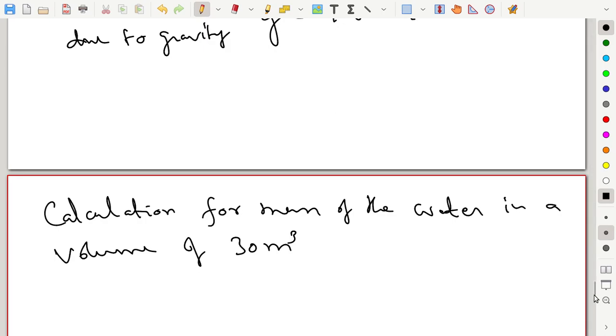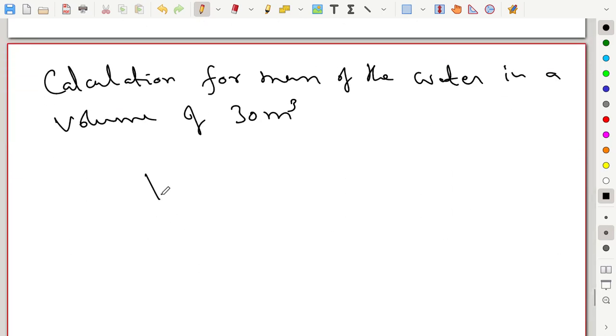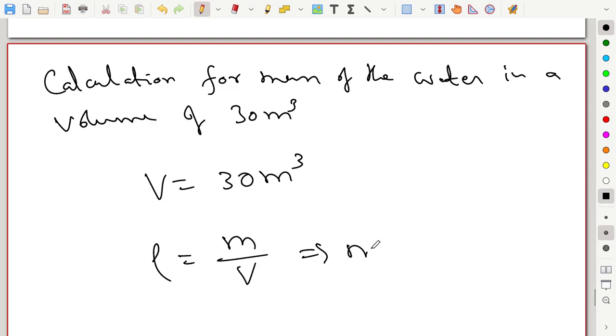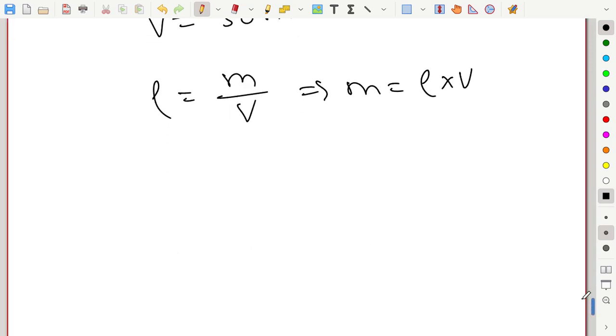Density is mass by volume, which implies that mass equals density times volume. So we know the density as 1000 into volume 30. So this is the mass.